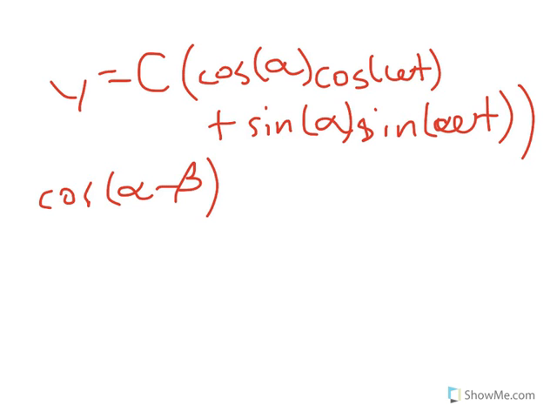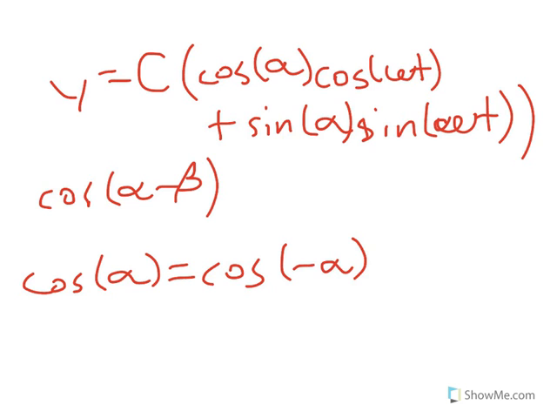Let me just rewrite. I assume that you wrote down the cosine addition formula from before, so I won't rewrite it. Notice now that since cosine is an even function, cosine of alpha is also equal to cosine of negative alpha.